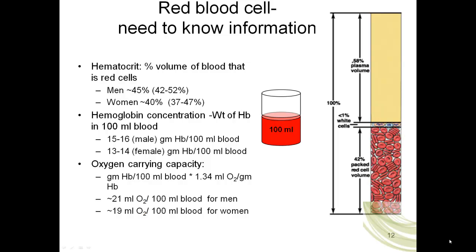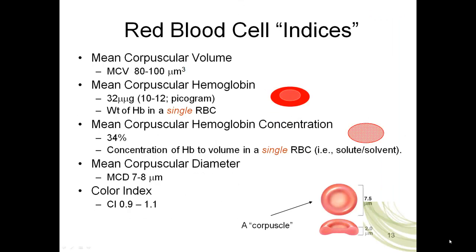So that 100 milliliters of whole blood stays in the equation. So the end units are milliliters O2%. Those are the correct units. So milliliters of oxygen for every 100 milliliters of whole blood.